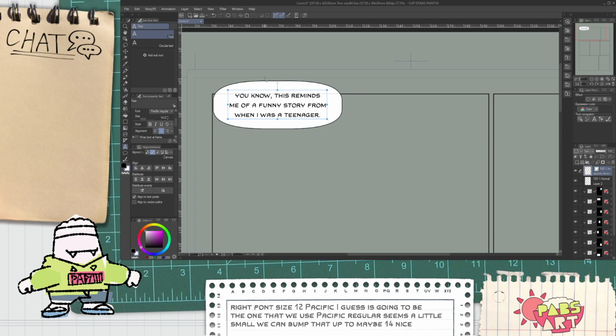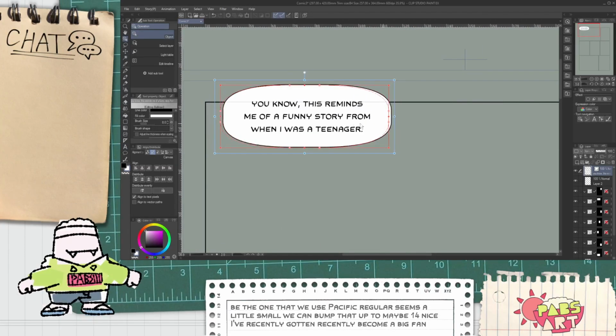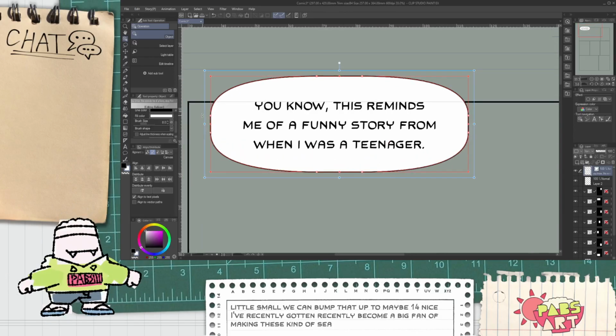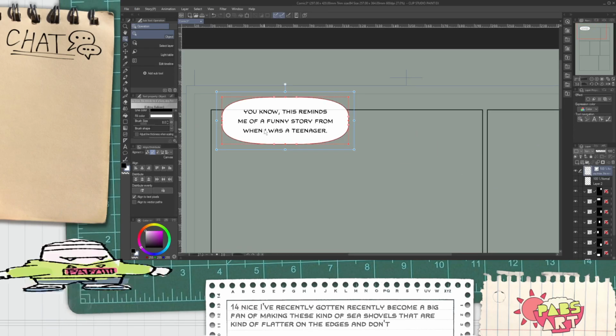Nice. I've recently become a big fan of making these speech bubbles that are flatter on the edges and don't look too round.